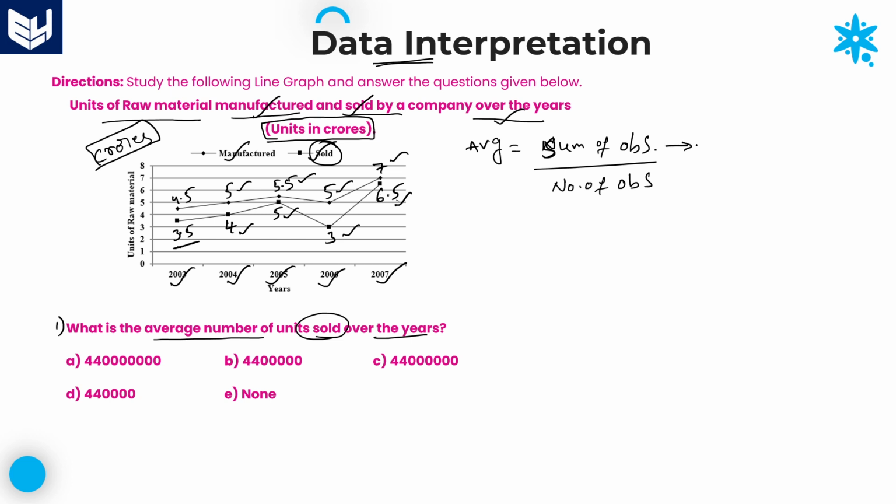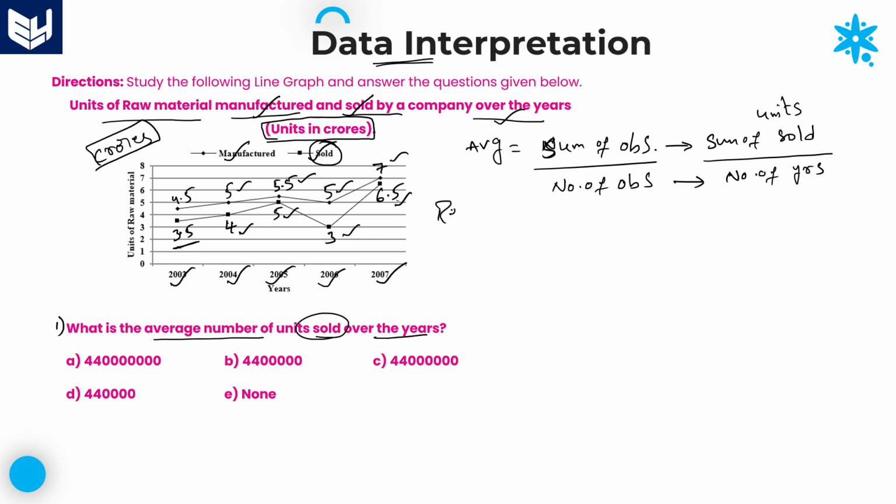Here sum of observations is nothing but, when we are calculating the average of number of units sold, you need to take the sum of all the units sold over all the years, divided by, in the denominator you need to take the number of years, which is nothing but the number of observations.